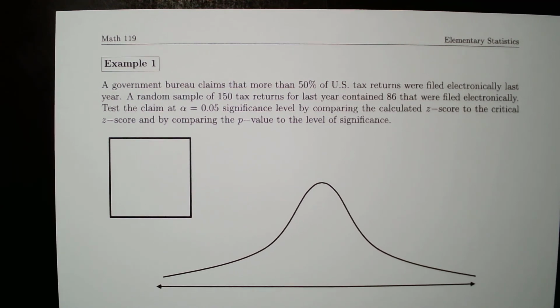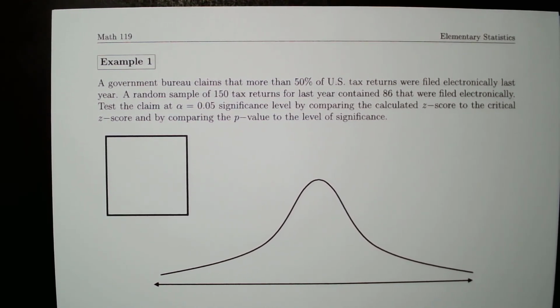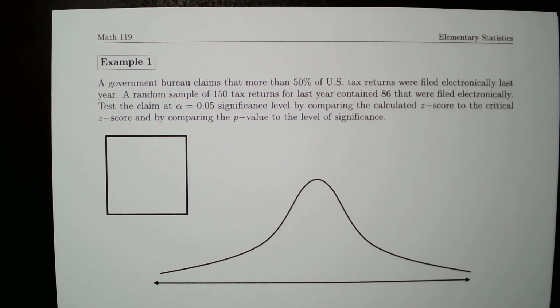Okay, so this is our first example, example 1. Let's look at the situation, let's read it, and then we are going to get all the information. Someone at the government claims that more than 50% of the U.S. tax returns were filed electronically last year.